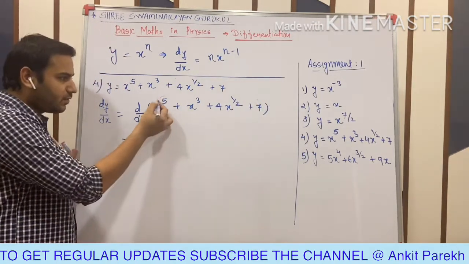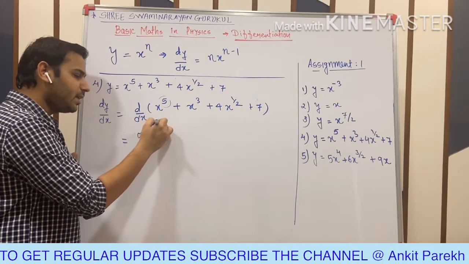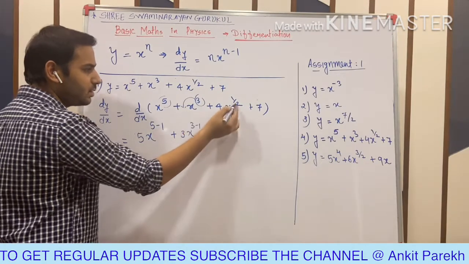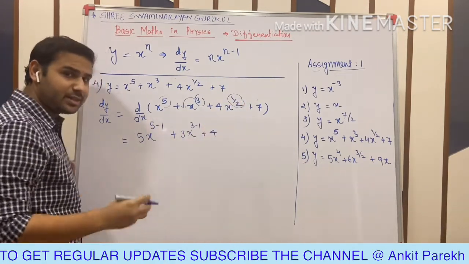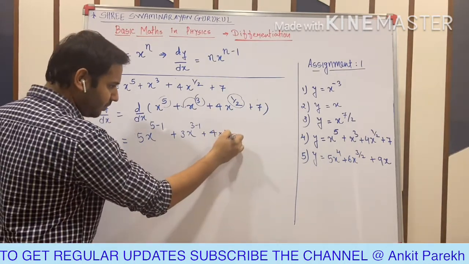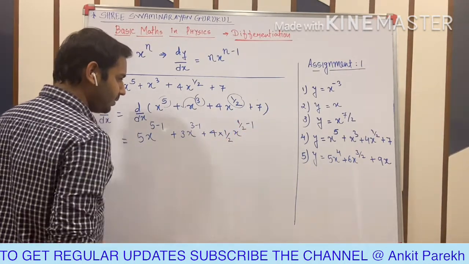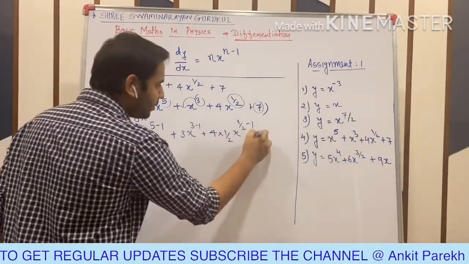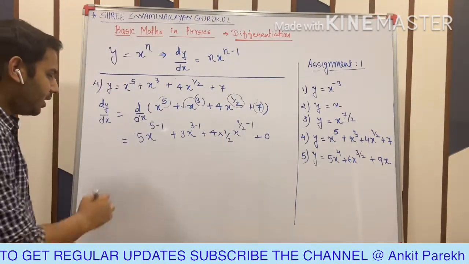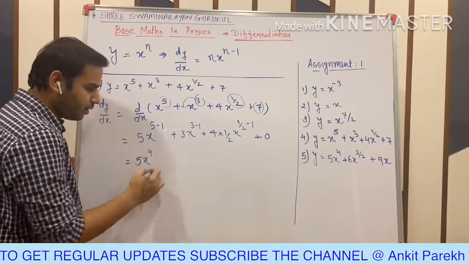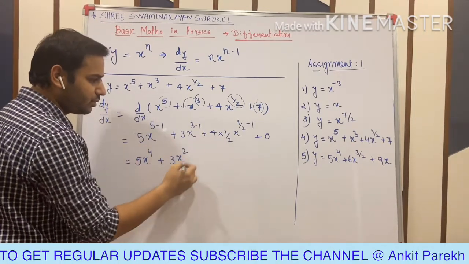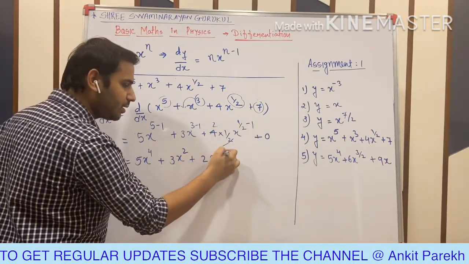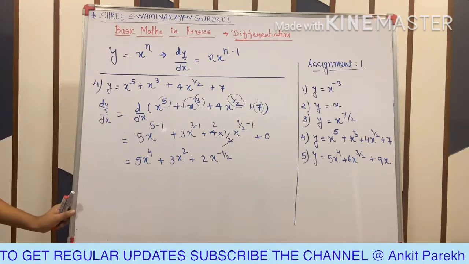What is the differentiation of x raised to 5? 5 x raised to 5 minus 1, plus 3x raised to 3 minus 1, plus 4 will remain as it is because it is a constant, into 1 by 2, x raised to 1 by 2 minus 1, and the lonely constant term whose differentiation will be 0. So the answer is 5 x raised to 4, plus 3 x raised to 2, plus 2 times x raised to minus 1 by 2, since 1 by 2 minus 1 becomes minus 1 by 2. This will be your answer of the fourth.